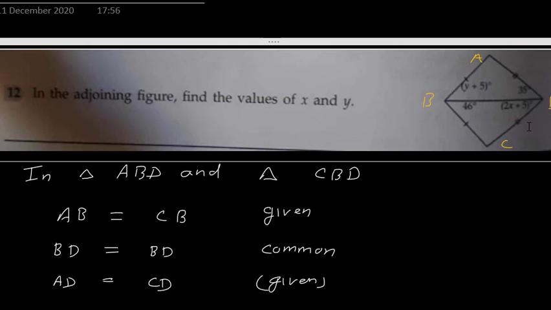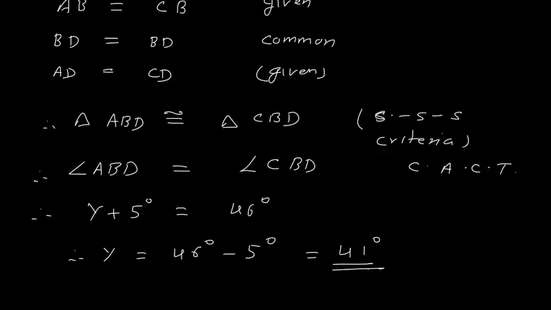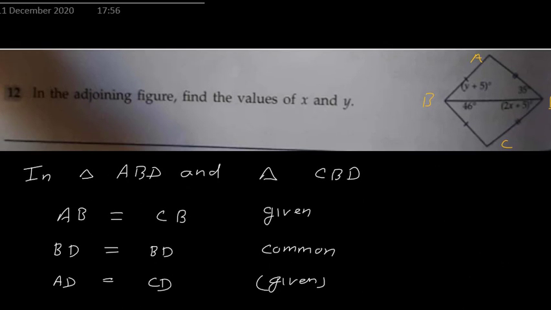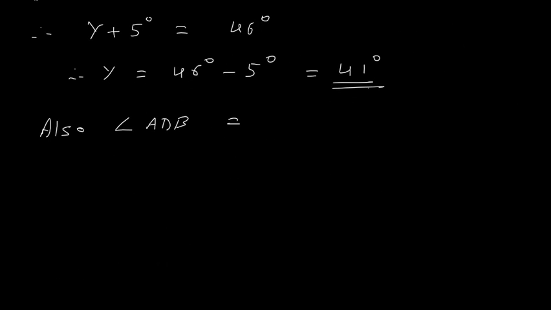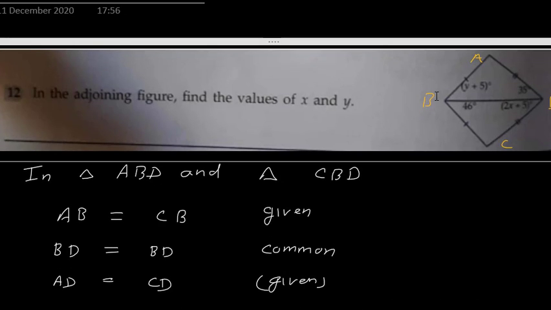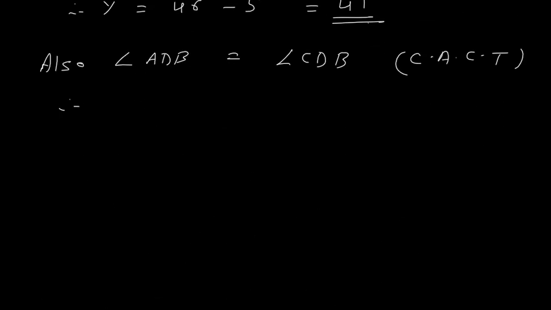Also, we have angle ADB is equal to angle CDB. This is also corresponding angle of congruent triangle. So therefore, now these two angles, we have 35 degree is equal to 2x plus 5.